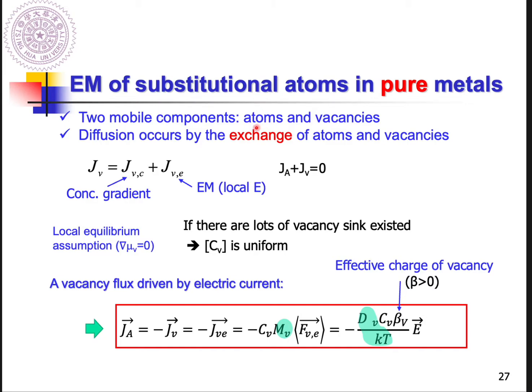So in order to know the atomic flux of these atoms at the substitutional site, it is much easier to track the vacancy. So we get the JV, the flux of vacancy, then we can get the JA. It will be the mobility of vacancy, concentration of vacancy, and driving force acting on this vacancy.